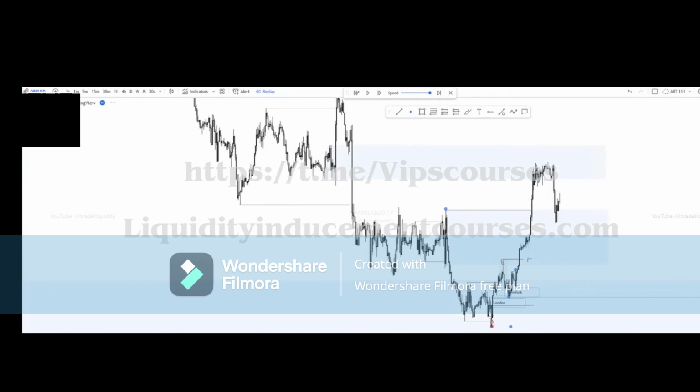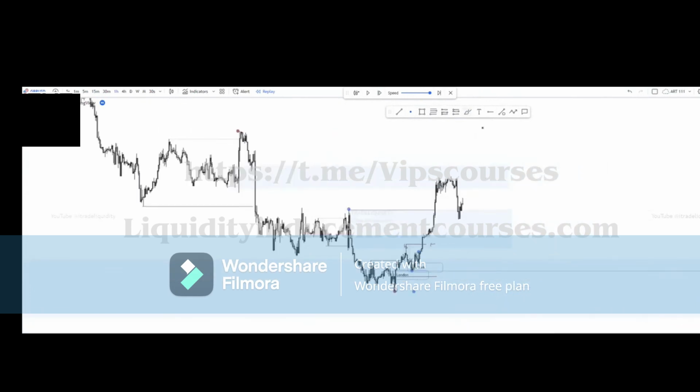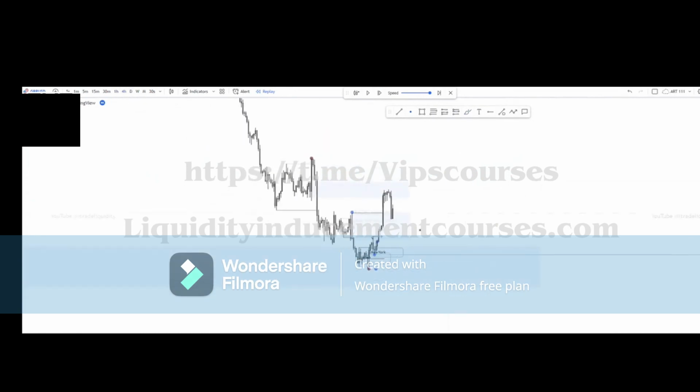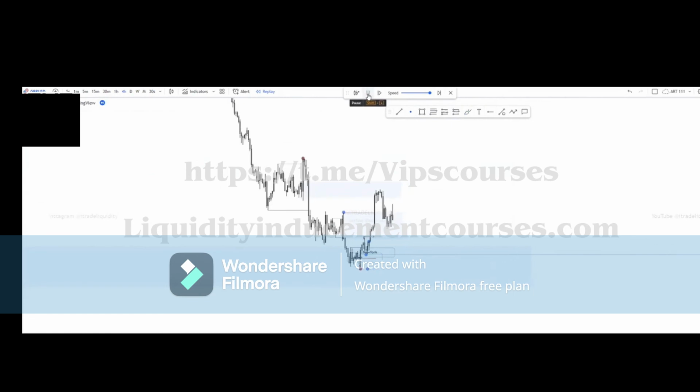Now, this POI right here, what do you think this becomes? I'm going to give you a second. Let me go to the higher time frame a bit, kind of give you a quick understanding. What do you think happens to this POI?